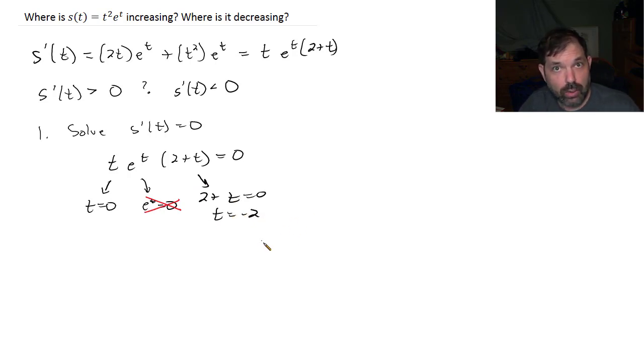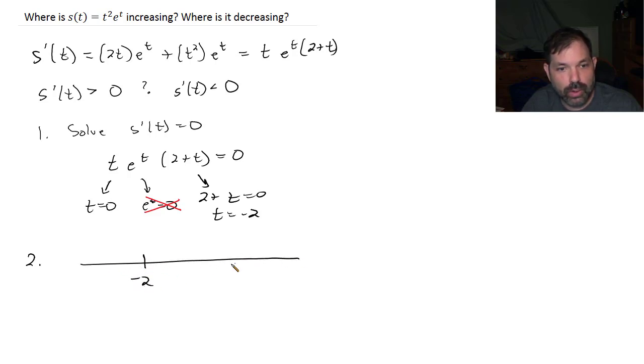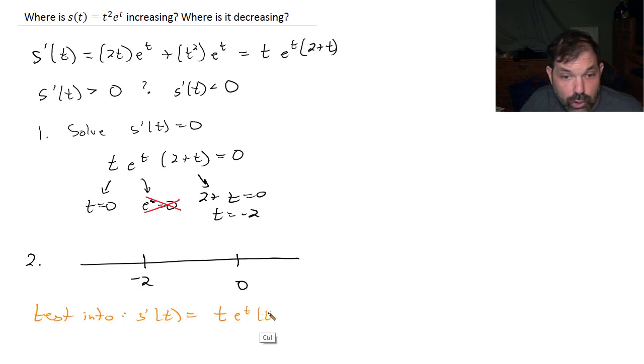So for our number line, we have two important points. We have negative 2 as an important number, we have 0 as an important number, and we need to test each of these three intervals. Now let's test into the derivative s prime of t, and I'm going to use the form t, e to the t, 2 plus t.